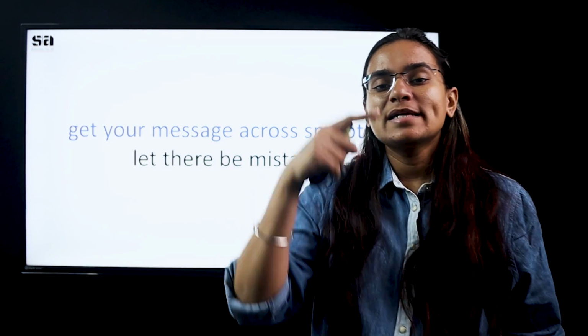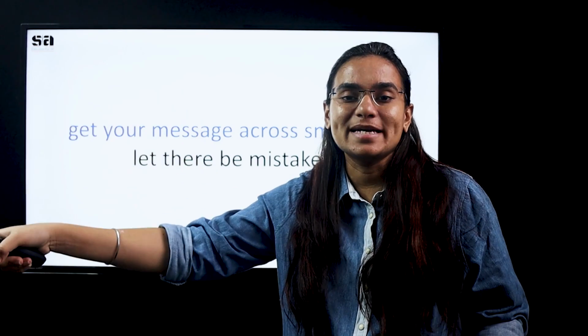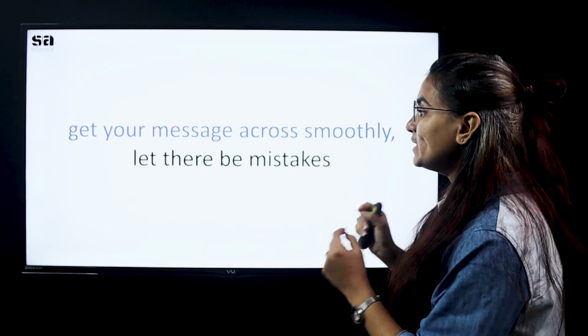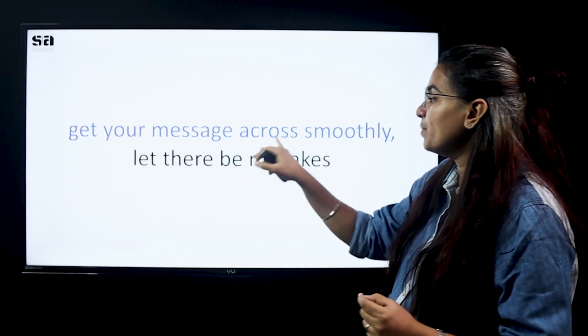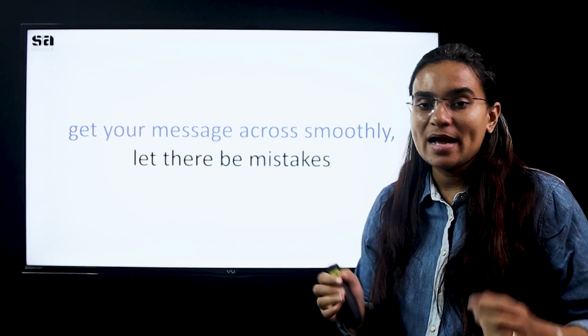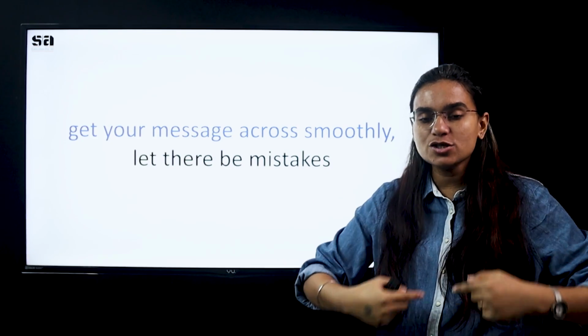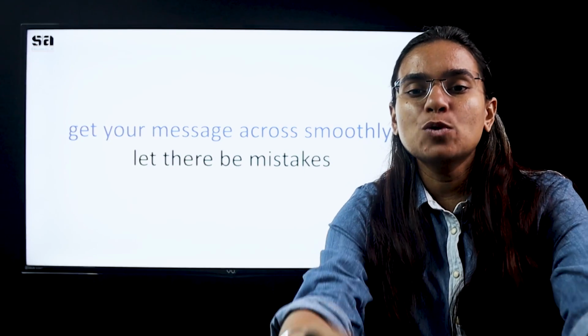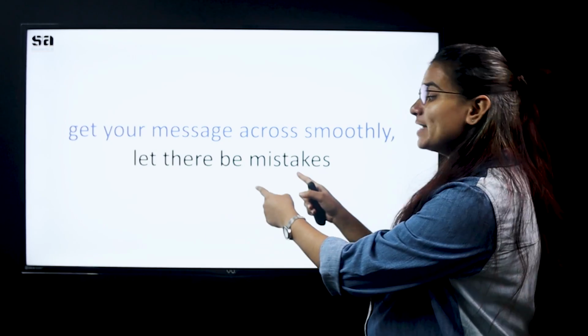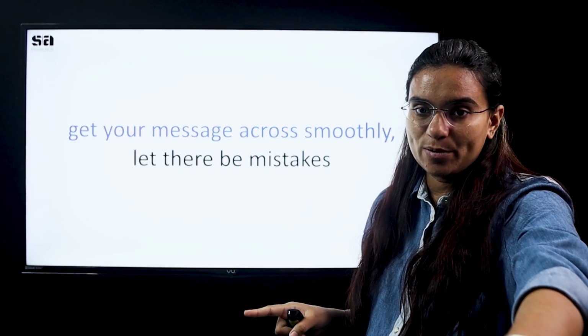You understood that Ash has to go to market. Okay, so what is important is that the message should be conveyed smoothly. I have a message. This message should be conveyed to you smoothly and properly. Even if there is a mistake or two, it should not be a problem.